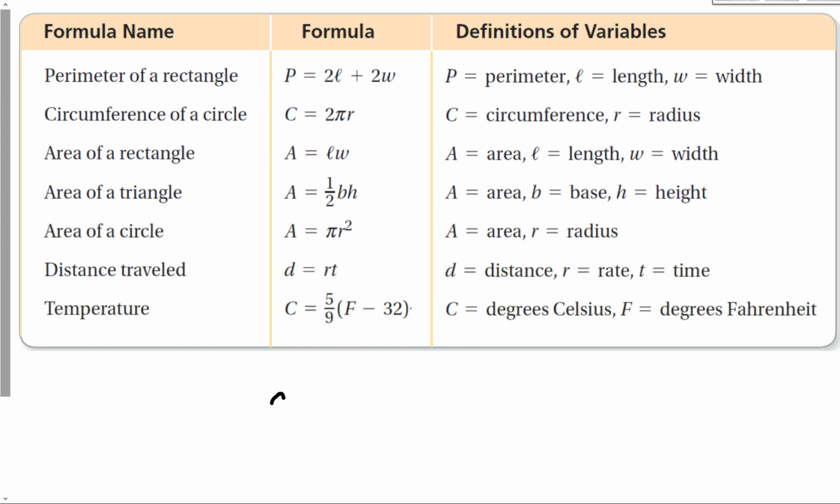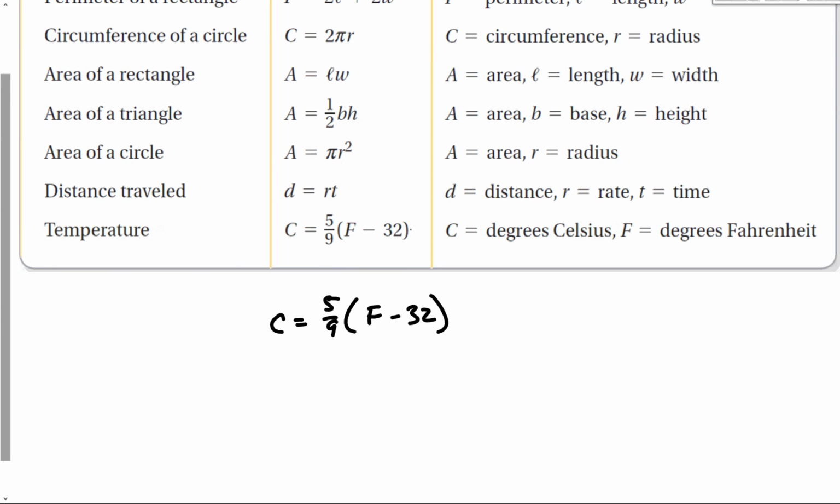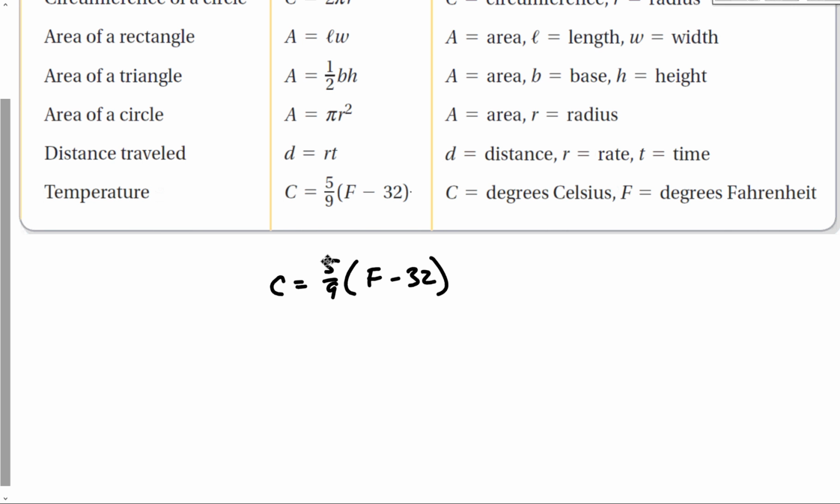So if I wanted to solve this equation, 5/9 times F minus 32, if I wanted to get Fahrenheit by itself, well, the first thing I should do is clear this fraction. So I should multiply by the reciprocal. Those two cancel.